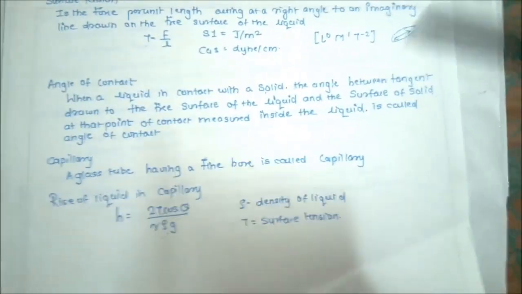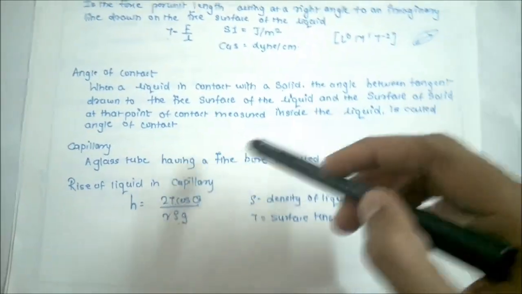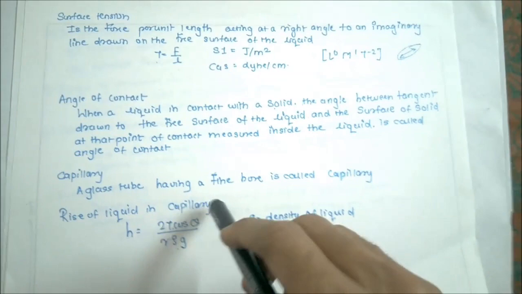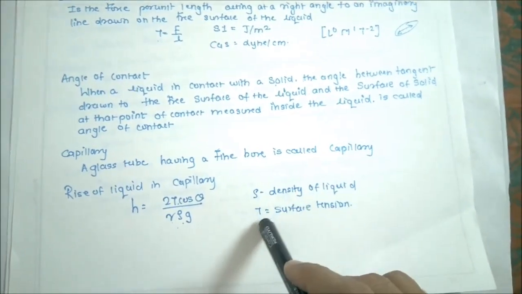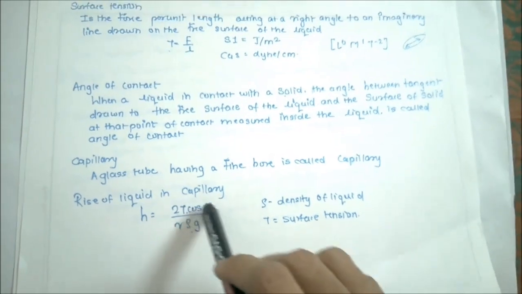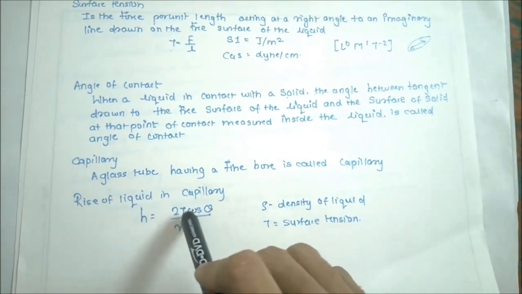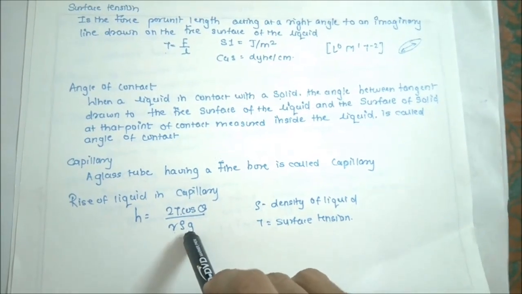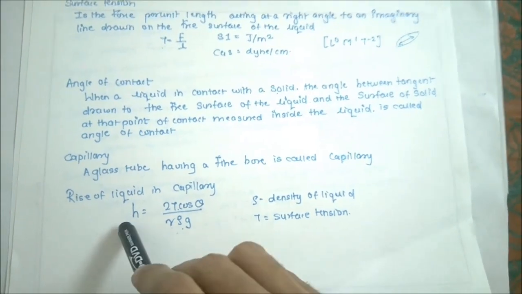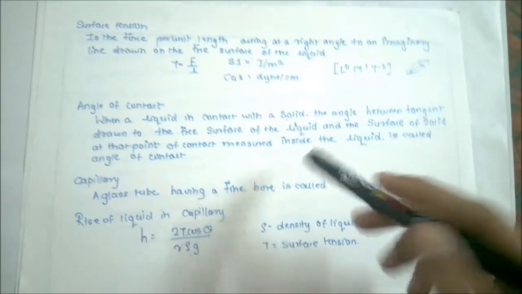The rise of the liquid is given by h equals 2T cos theta upon r rho g, where T is the surface tension, theta is the angle of contact, r is the radius, rho is the density of the liquid, and g is the gravitational constant. So h is the height to which the liquid will rise.